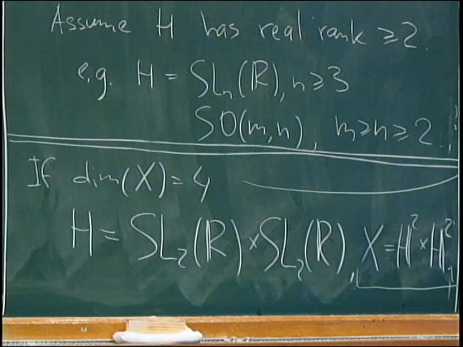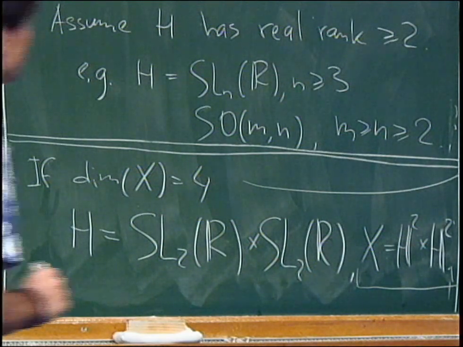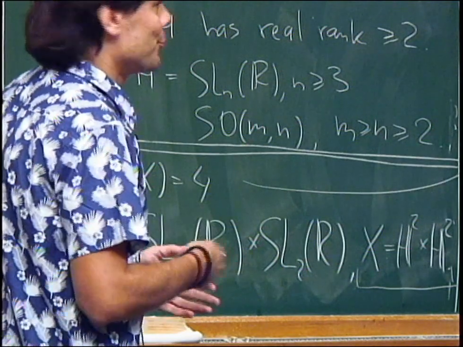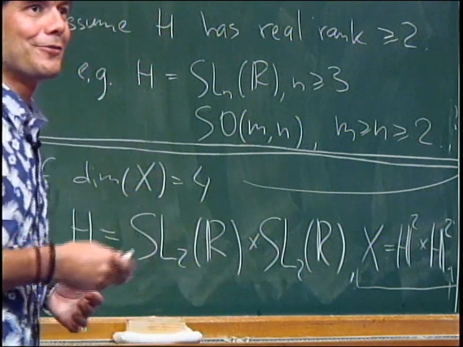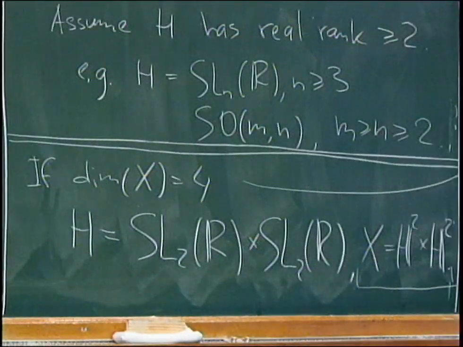I have a bit of time, so let me comment. I will not be able to tell the details of the proofs, and maybe it's not so interesting because the proofs are what is called arithmetic. But you look at these theorems, and there is nothing about arithmeticity here in the statement.